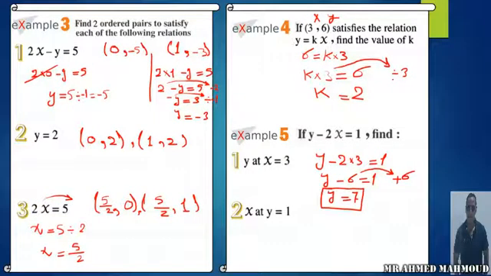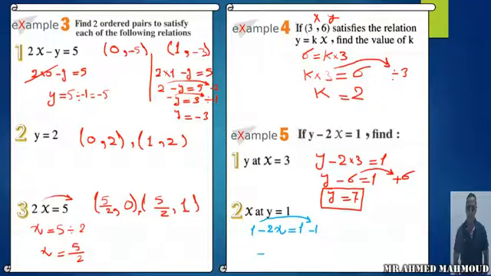Here, x at y equals 1. I will put 1 in place of y. It will be like this: 1 minus 2x equals 1. First, I will send 1 there as minus 1.